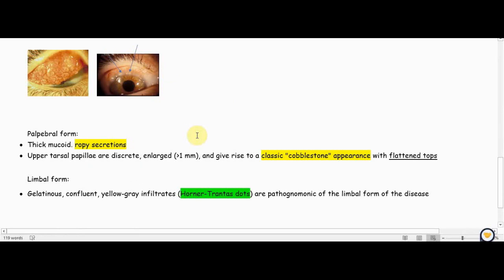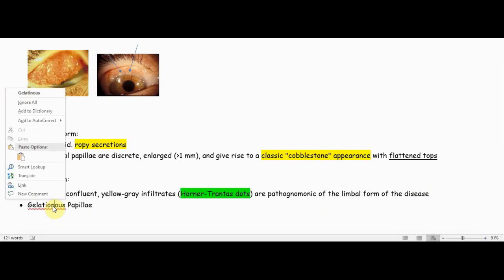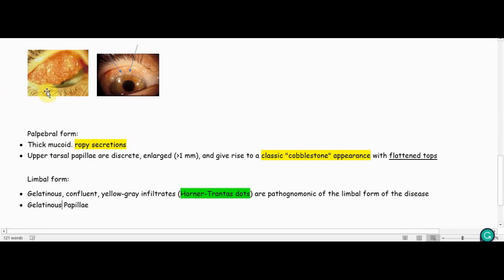In addition to Horner-Trantas spots, there is an image here showing the presence of gelatinous papillae around the limbal conjunctiva. So gelatinous papillae is also a keyword. Gelatinous papillae, and that was terrible spelling on my part, is also something you should not be confusing.